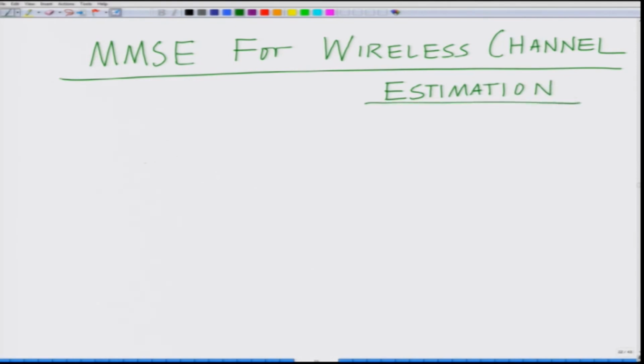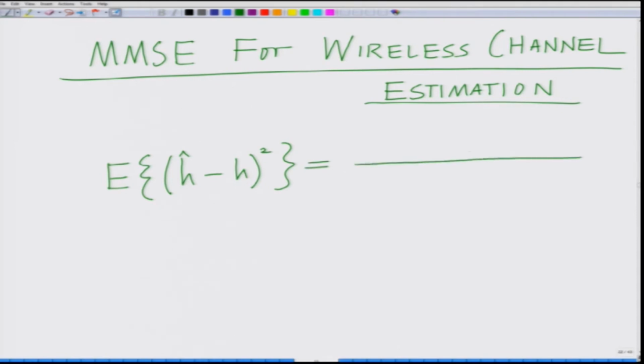And we have derived the expression where h is the channel coefficient: the MMSE, the minimum mean square expected value of h hat minus h whole square, is equal to the harmonic mean of the ML mean square error, which is sigma square divided by norm x bar square, and the prior variance sigma h square.